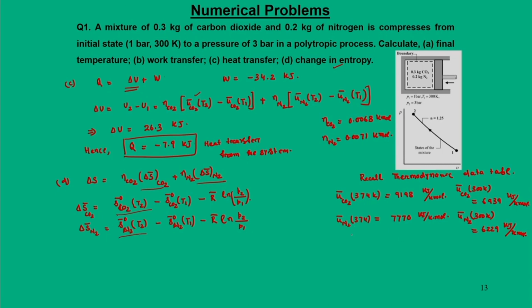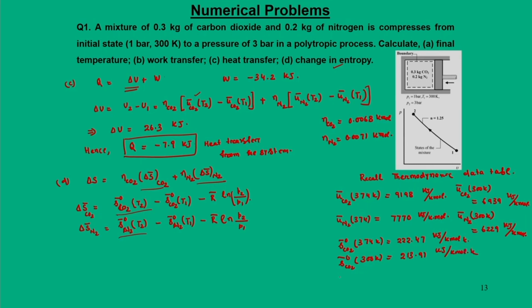So, again in a similar way we can note down these numbers from the data table book. S bar O CO2 at 374 Kelvin is 222.47 kilojoule per kilomole Kelvin. S bar O CO2 at 300 Kelvin is 213.91 kilojoule per kilomole Kelvin.